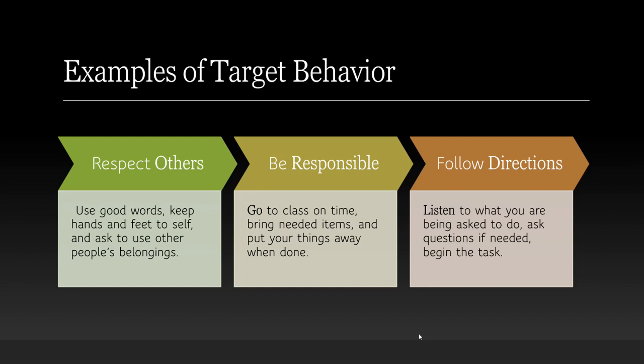Again, we are giving the students the exact steps and skills that they need for that target behavior. Another example is follow directions. This means listen to what you are being asked to do, and ask questions. So when we're thinking about those target behaviors, they need to be observable, measurable, positively stated, understandable, and always applicable.